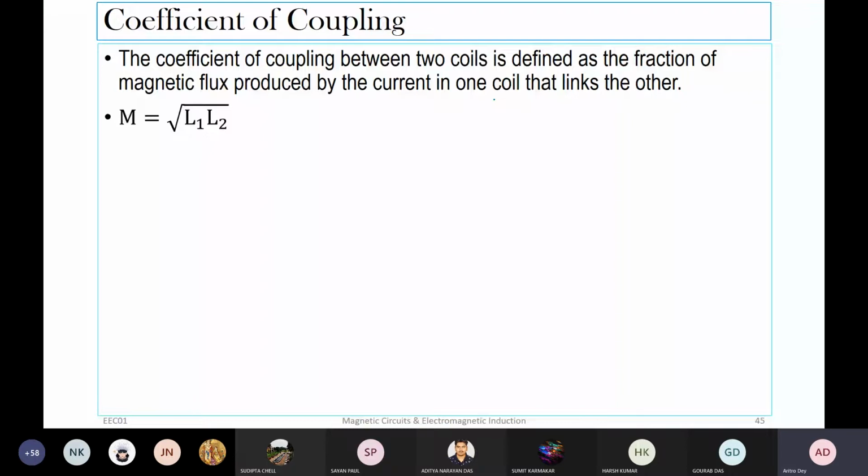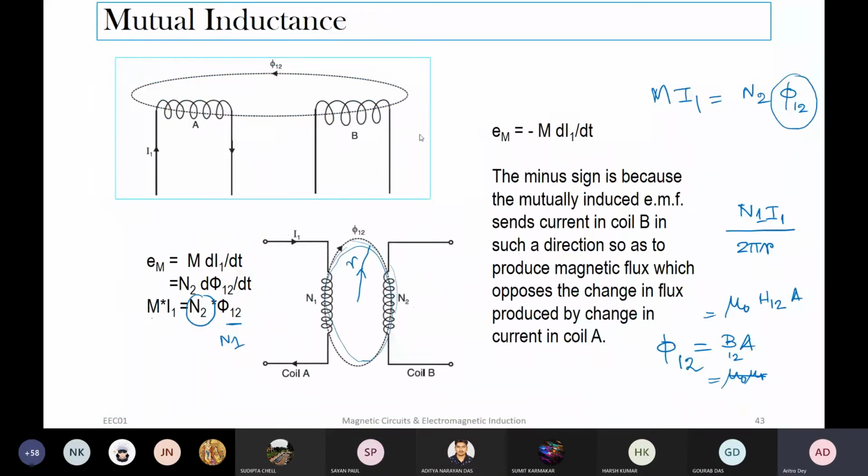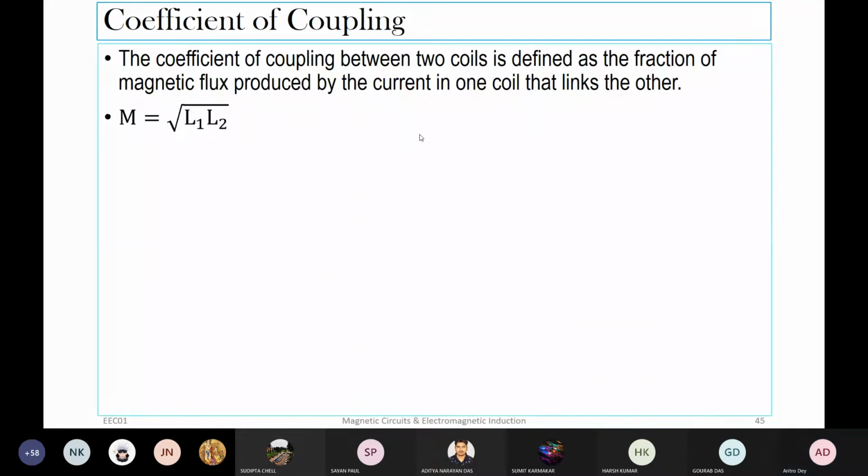So if we just go back to the same expression here, we can write like this: M into I1 is equal to N1 N2 into psi 12, isn't it?